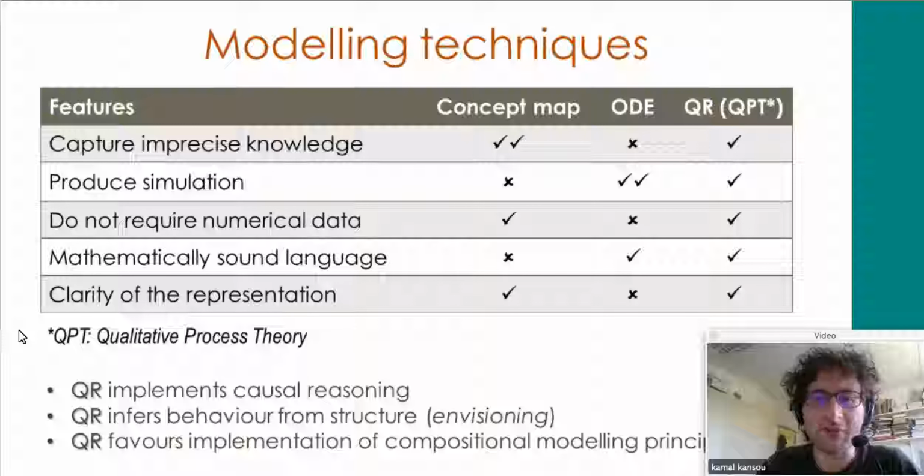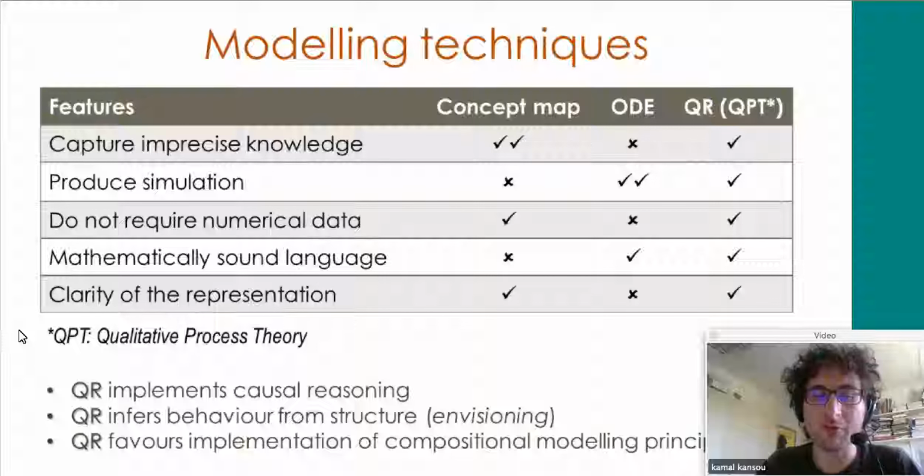Qualitative reasoning is different. It's a little bit in between these 2 formalisms. In qualitative reasoning, you capture causal knowledge and also declarative knowledge, a little bit like concept map, but because it's a sound, formal language, you can produce simulation, and as it is written at the bottom of the slide, you can simulate the behavior of your system over time from the description of the structure of your system.